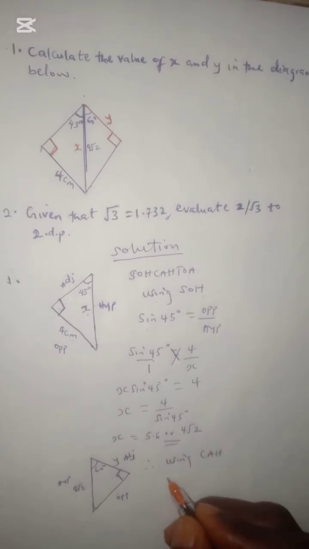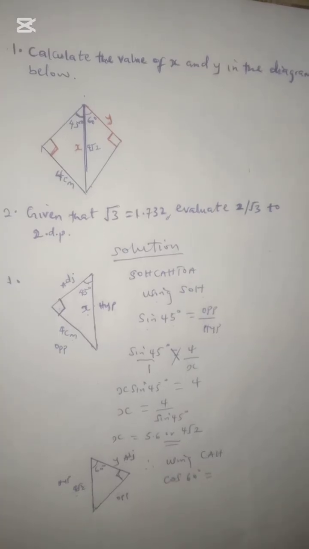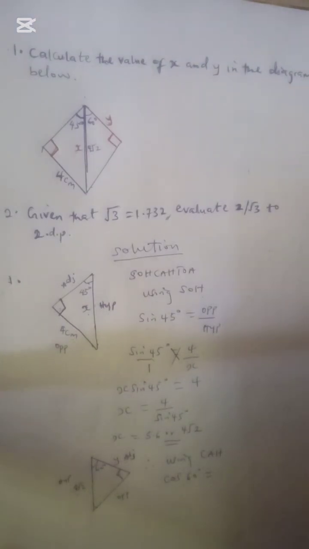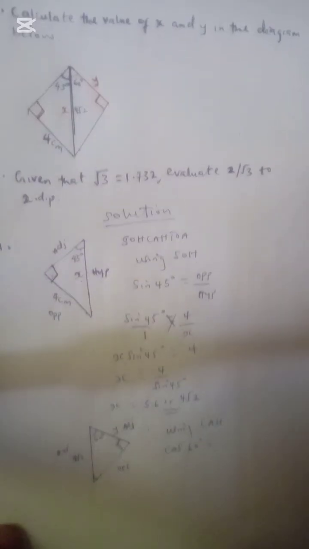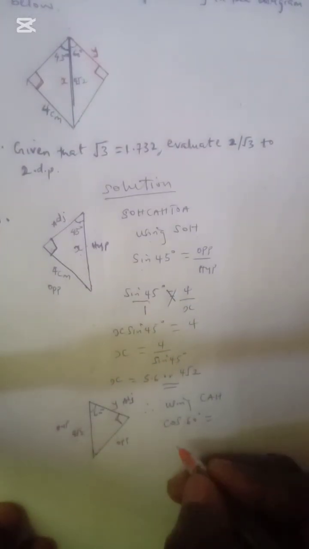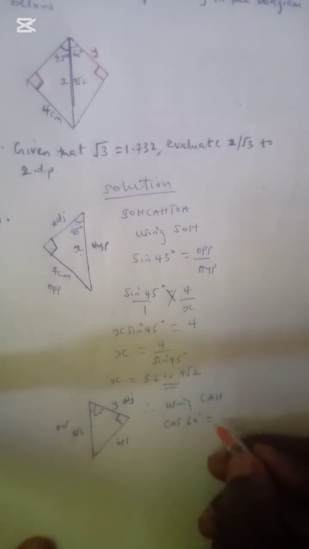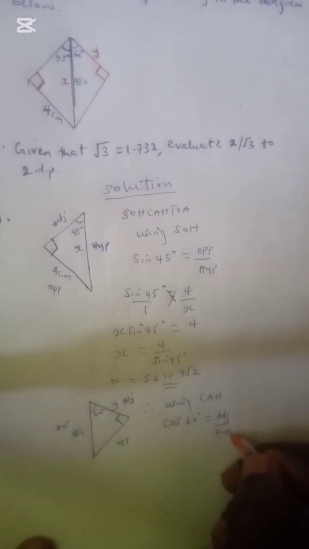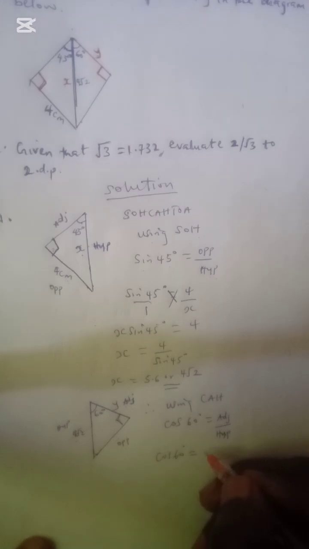So we can now say cos 60 degrees, as the angle given, equals adjacent over hypotenuse.